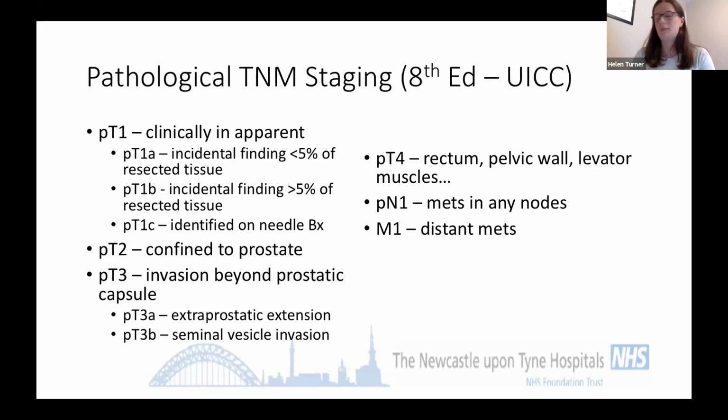But it can basically be summarised as pT1 is clinically inapparent, T2 is confined to the prostate, T3 is either just managed to sneak out of the prostate or go into the seminal vesicle, and then T4 is when it's managed to get into adjacent structures. And then nodal and distant mets are either there or not. It doesn't matter how many of them there are.